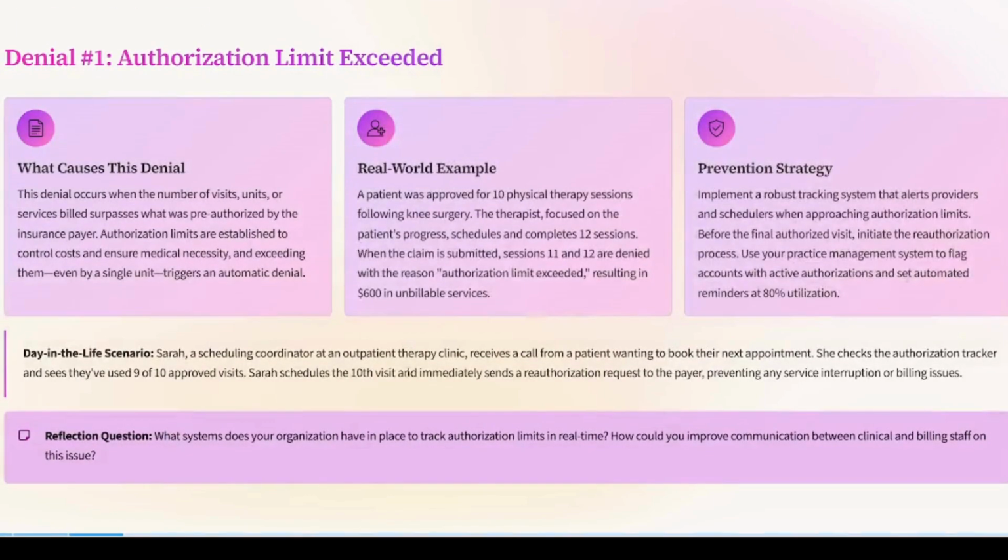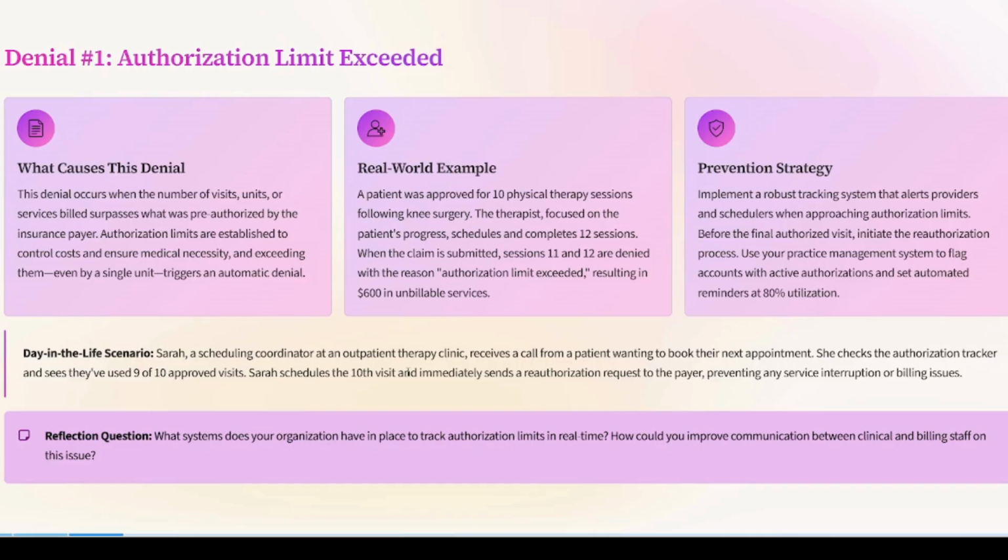All right. So the first denial that we'll be getting to is authorization limits exceeded. Now, what causes this denial? This denial occurs when the number of visits, units, or services billed surpass what was pre-authorized by your insurance payer.